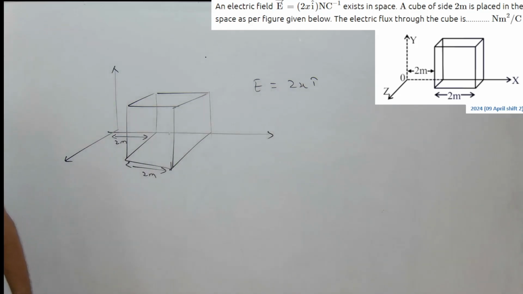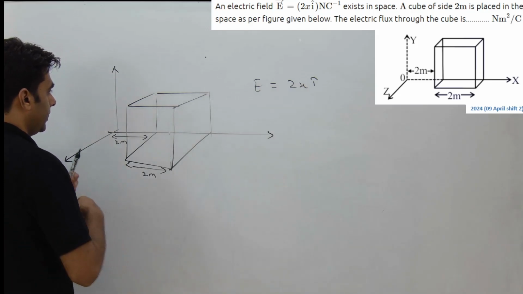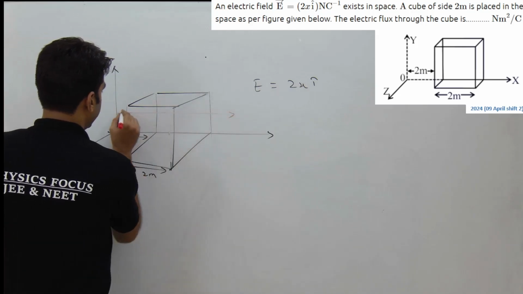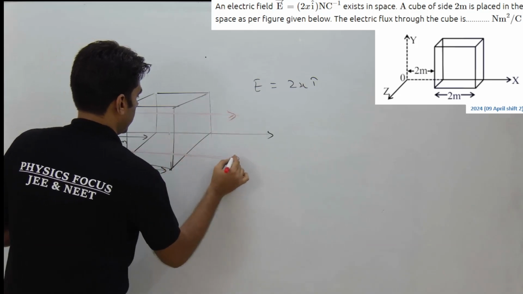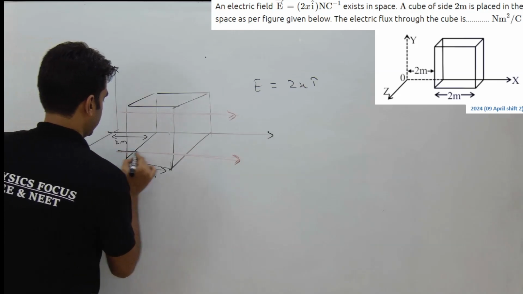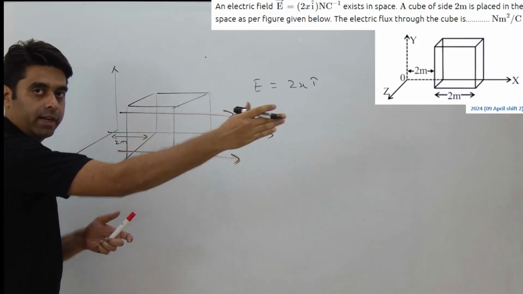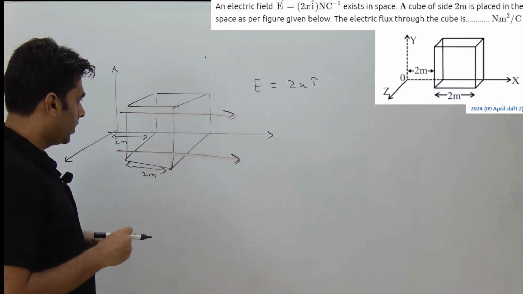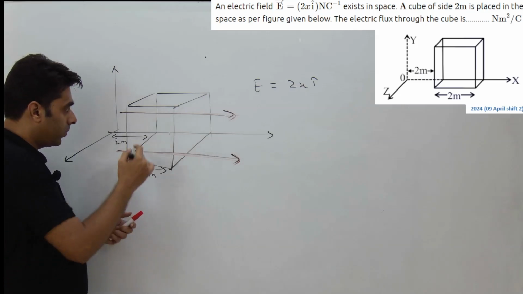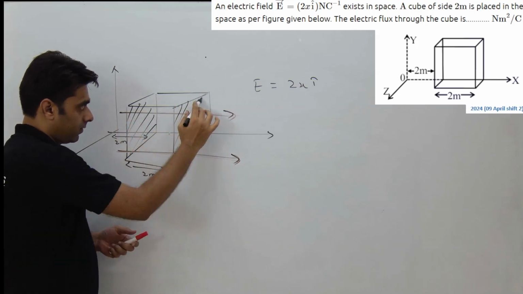Let us see. So the electric field is in x direction. Like this, the electric field lines are there, right? You can see this. I hope the marker is clear. I'll draw with black. So this is what is given. Electric field lines are towards positive x. Now, you will notice that the flux will be defined only for this surface and for this surface.